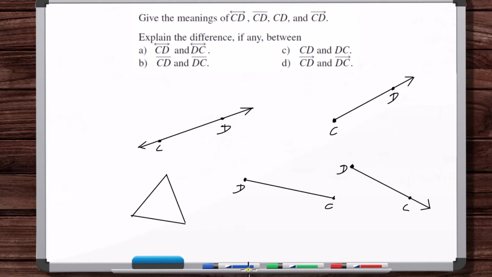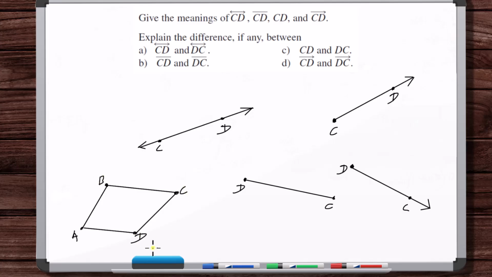So if you had a polygon A, B, C, D, you don't want to state it as A, C, B, D. You could say A, B, C, D, or D, C, B, A, or C, D, A, B. In either direction, the line segment would be segment BC or segment CB. So in that sense, segment CD and DC are the same thing. It doesn't matter.